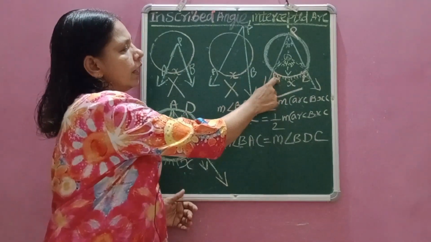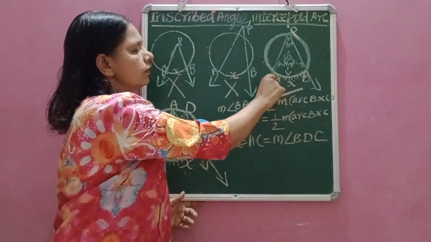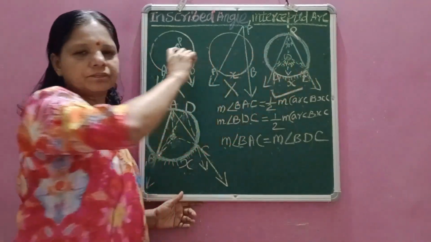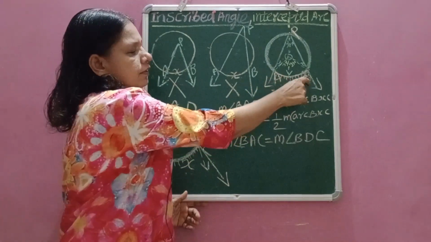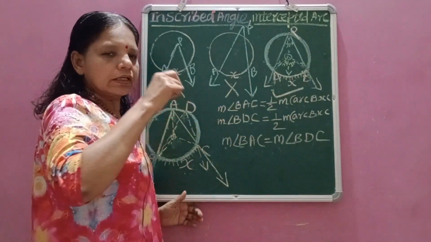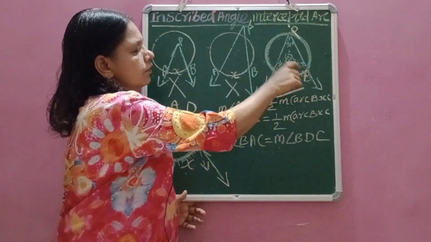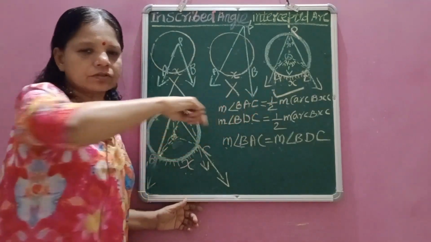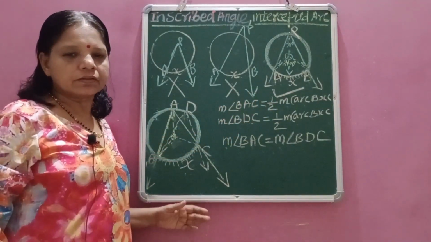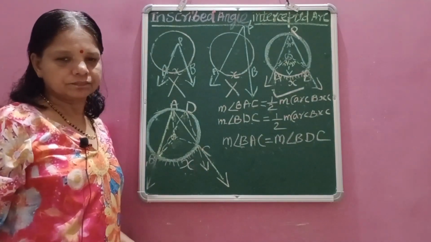Remember, angle APB is inscribed in arc APB. Clear? And AXB is the corresponding intercepted arc. And measure of AXB is measure of AOB, measure of the angle formed at the center or subtended at the center.